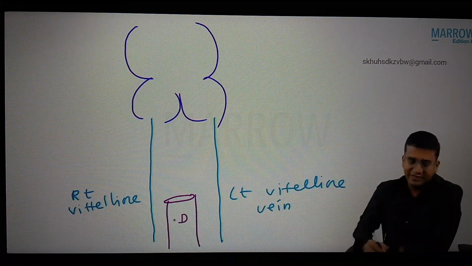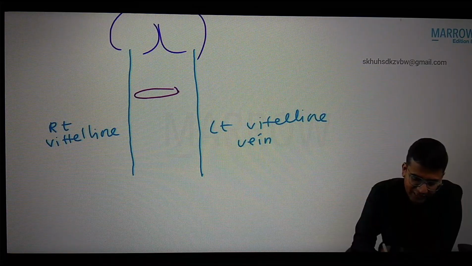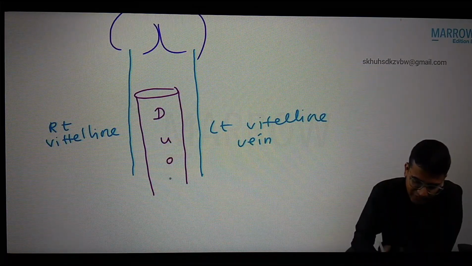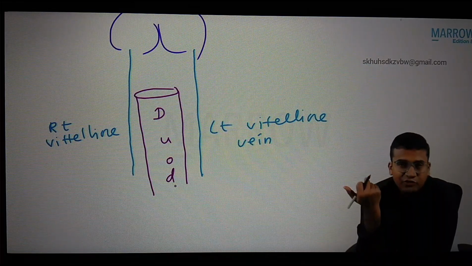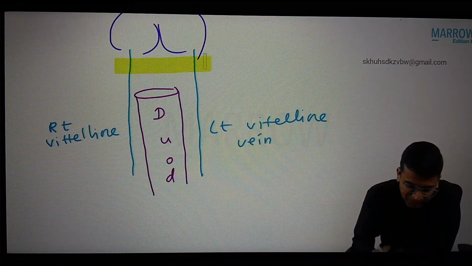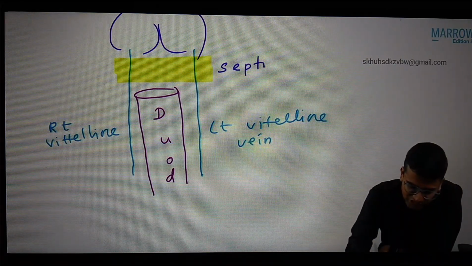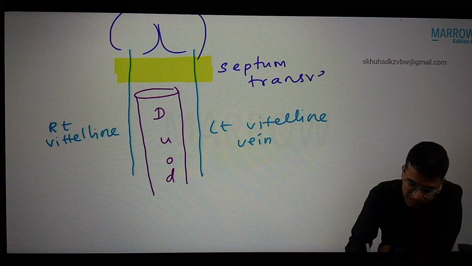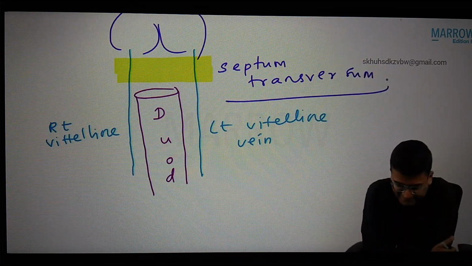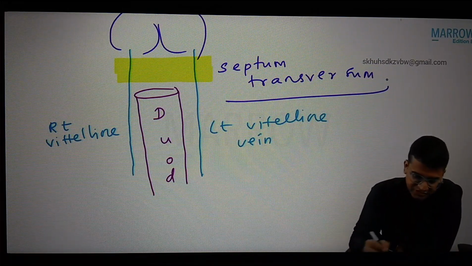Now the vitelline veins, before opening into sinus venosus, pass through septum transversum. And then they open into the corresponding horn of the sinus venosus.